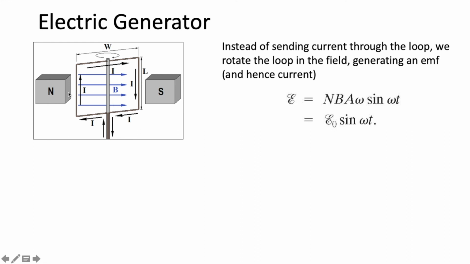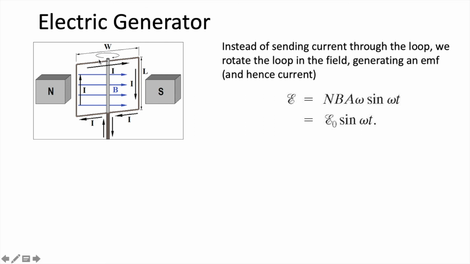Here, with the permanent bar magnet, in our flux formula B A cosine theta, our B is constant. We take a square wire loop, so the area of the loop is constant. So the only thing that's changing here is the angle. And how is that?